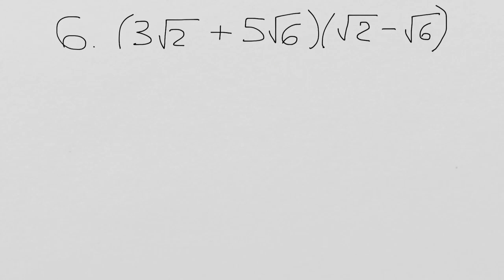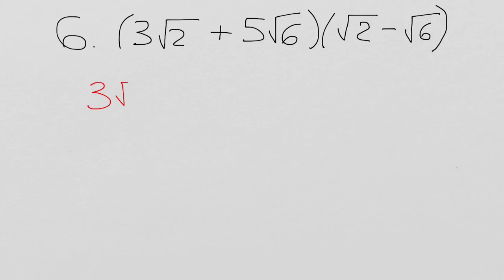Question 6 asks you to remove the brackets and simplify. So we're just doing it as we would whether it was x's or y's or anything else. We're going to do it in the exact same way by multiplying everything in this bracket by everything in this bracket. So for me personally, the easiest way to do it, 3 root 2 times root 2.